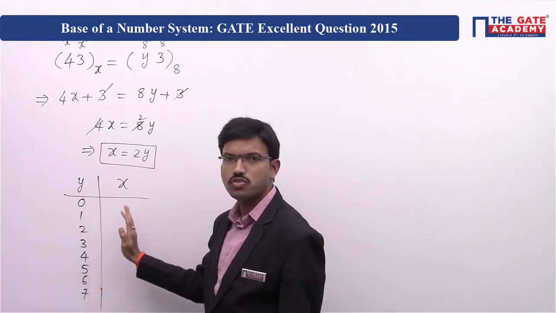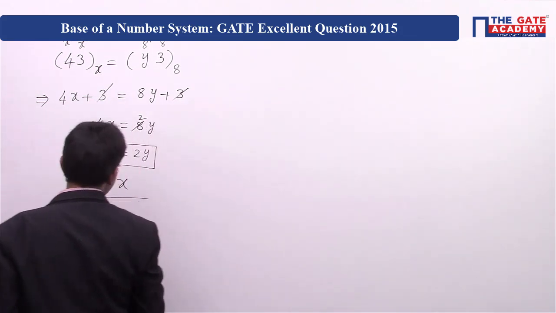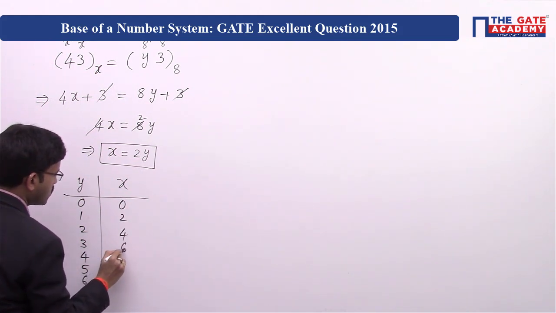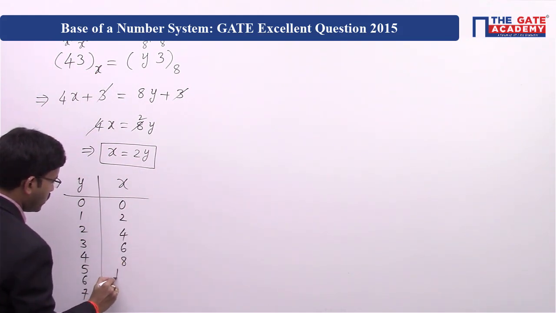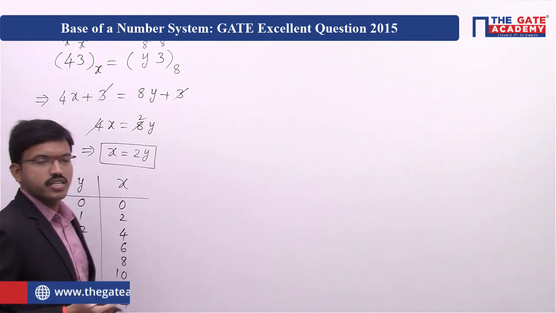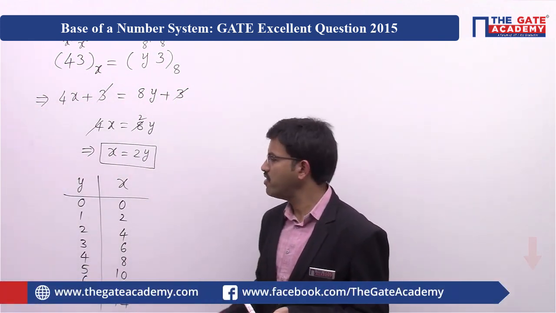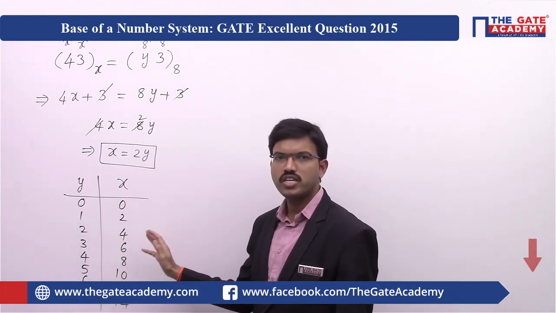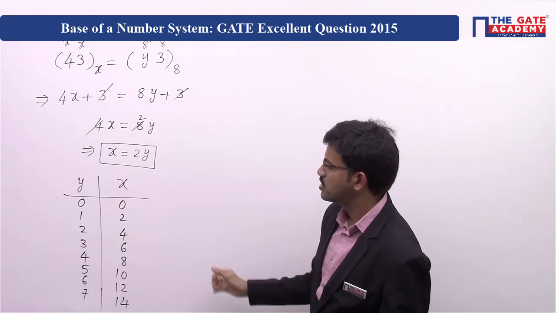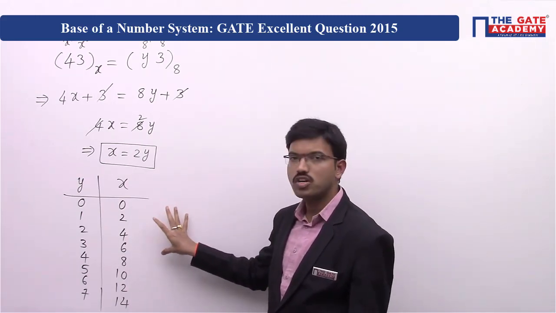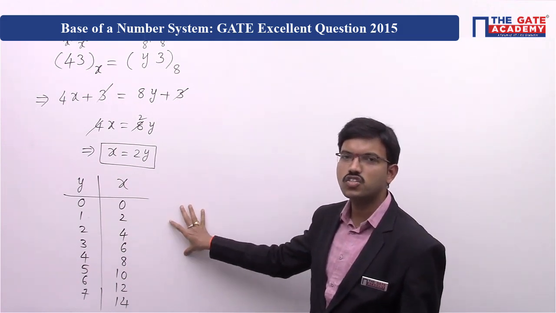Just multiply with 2: 0, 2, 4, 6, 8, 10, 12, 14. Since we have 8 octal digits, 0 to 7, we got the corresponding x values. So from here we will get 8 solutions, but that is not the correct answer. Why is it not correct? Let us see.